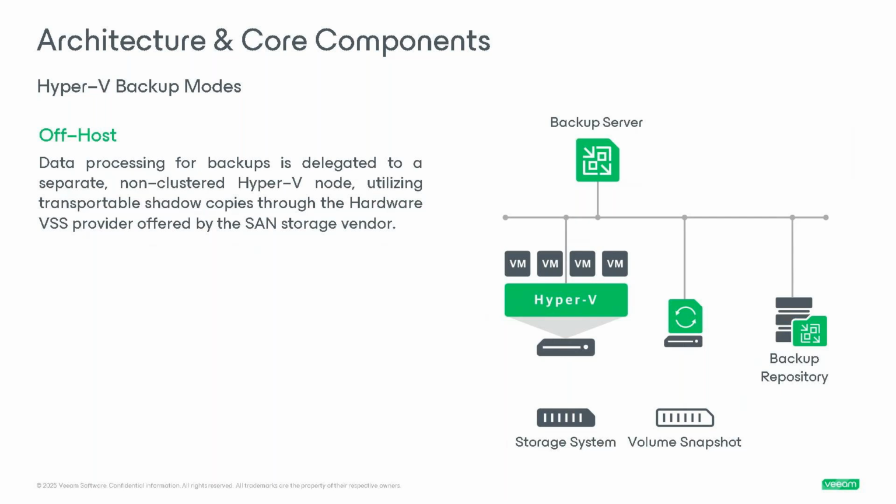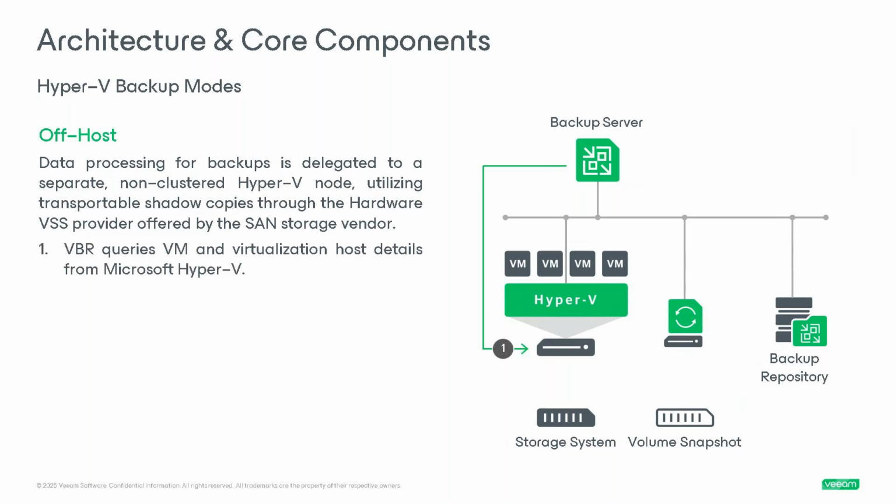In medium to larger environments, you would have an off-host proxy. You would want the OS versions to match, and you'd want that to be a physical server. That would be a dedicated proxy for a separate non-clustered Hyper-V node, and it uses VSS to transfer the data basically.